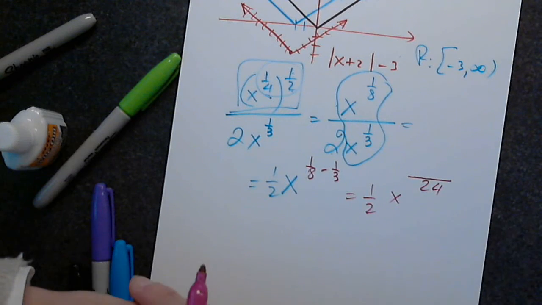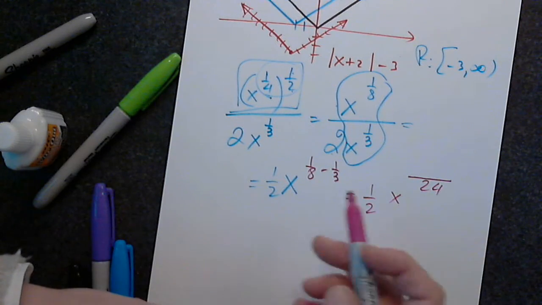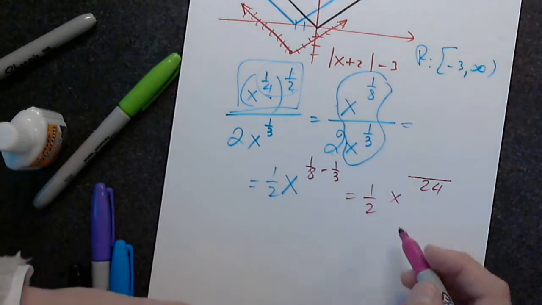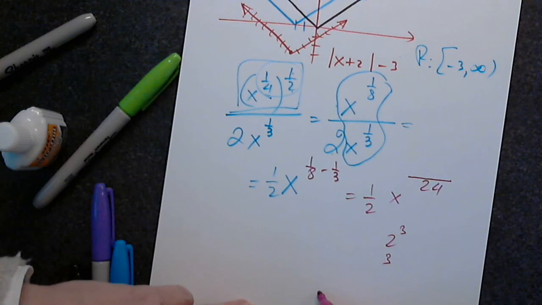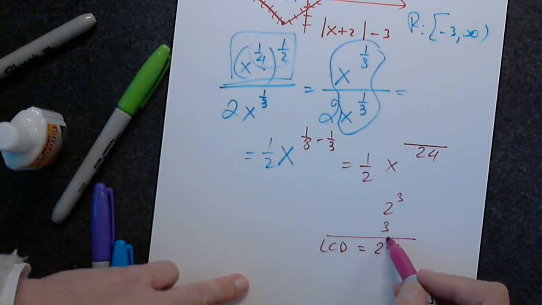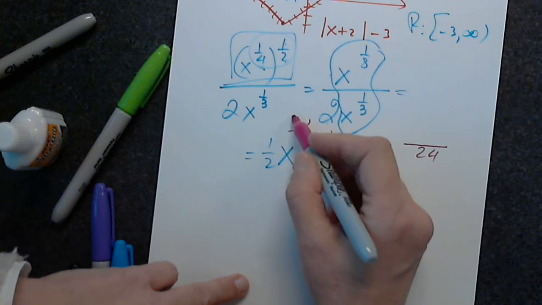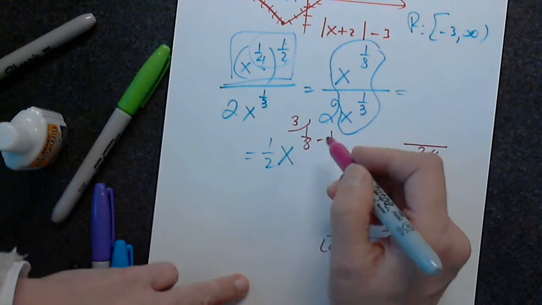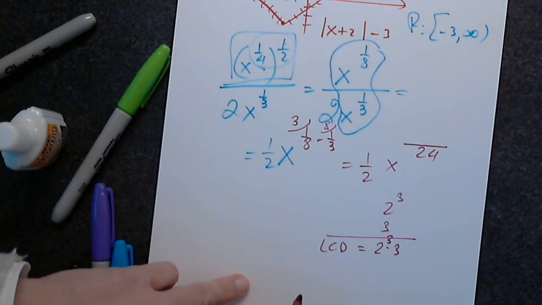It must be 24. 8 and 3 have nothing in common. This is 2 to the 3rd, and this is 3. So the least common denominator must have all factors and also the power. So it's 24. This one needs to be multiplied by 3, and this one needs to be multiplied by 8.